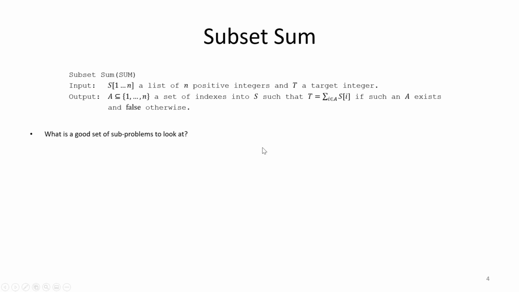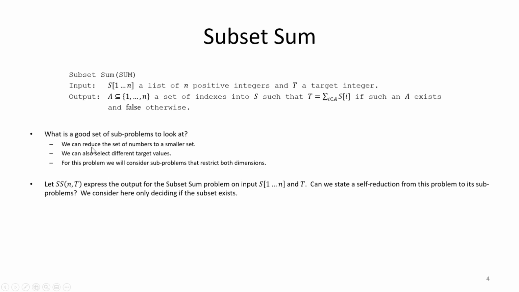So actually, when we're thinking about this, we're going to reduce this set to a smaller set, and we're going to restrict our target in both dimensions. So this is what's going to make our solution here a two-dimensional dynamic programming in the same way that our previous couple examples have been two-dimensional. We're going to restrict both.